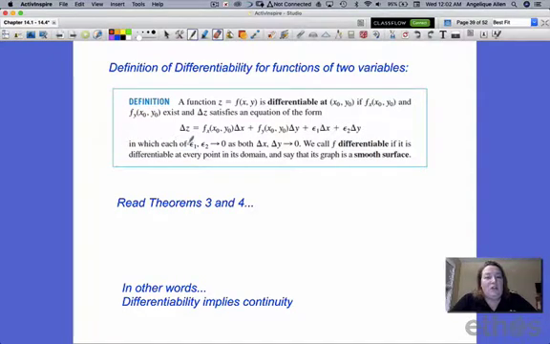So in which both epsilons are approaching 0 as both changes in the x and in the y are heading to 0. So these are little bitty terms, differentials, that are teeny tiny, and as long as they're headed to 0, then we have a nice approximation here for our change in our function value.